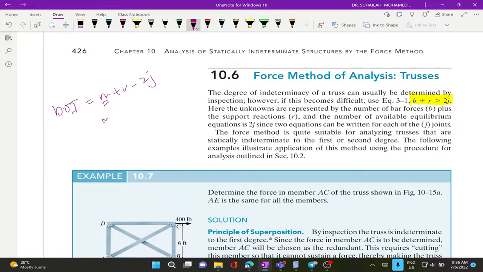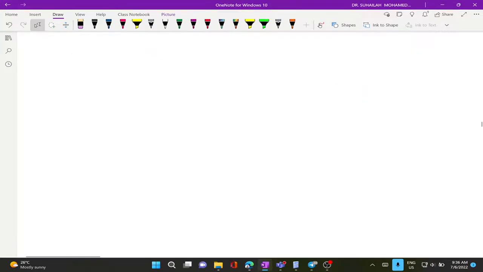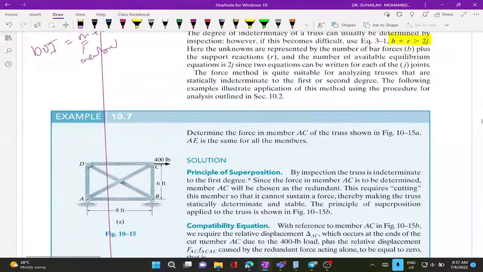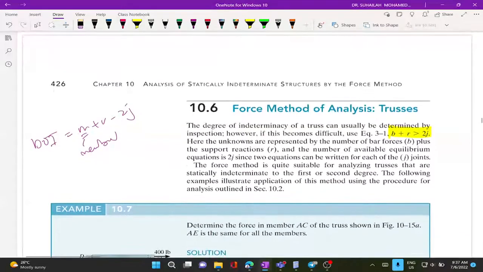M is for member, R is for reaction, and J is for joint. The unknowns are represented by the number of bar forces. So M is members, R is support reactions, and J is joints.